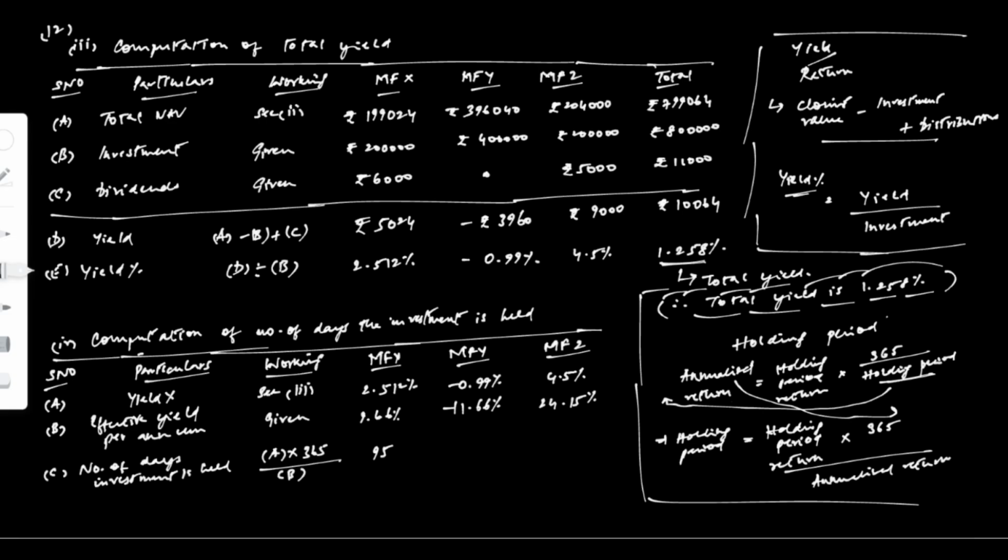That is 31 days. Next, 4.5% into 365 by 24.15%. That is 68 days. So this is fourth bit.